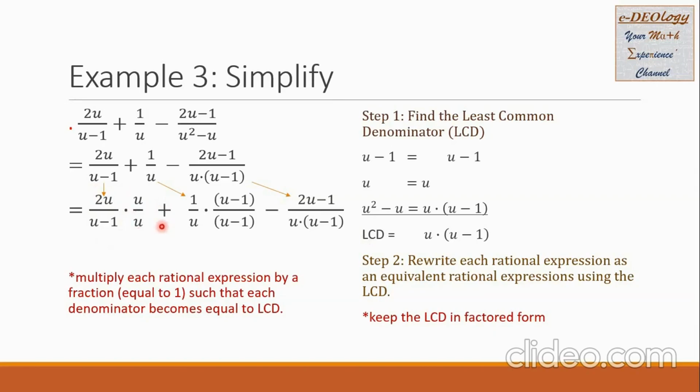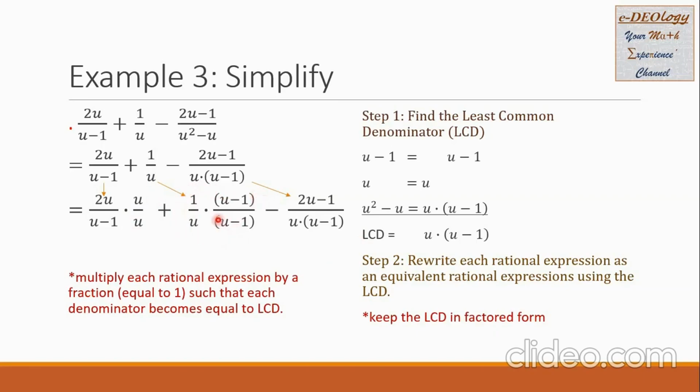And then plus, going to our second rational expression, the 1 over u. So this variable u, I should multiply by a binomial u minus 1 to be equal to our LCD. And this u minus 1, I should copy in the numerator.